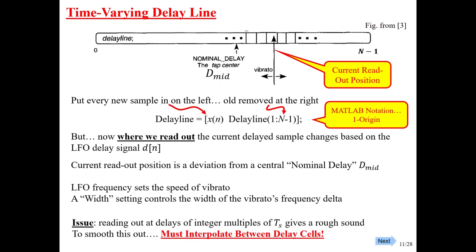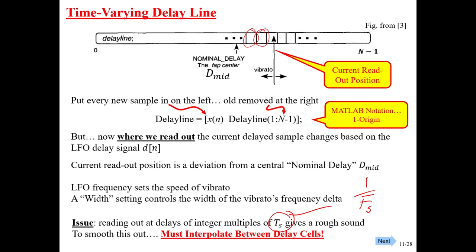And so let's lead into that idea of interpolation. It turns out that these cells are separated by T sub s, which is just 1 over Fs. And for a typical sampling rate, that's a pretty coarse granularity of allowable delays.